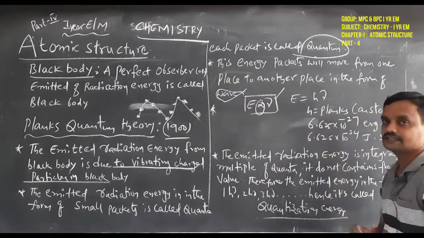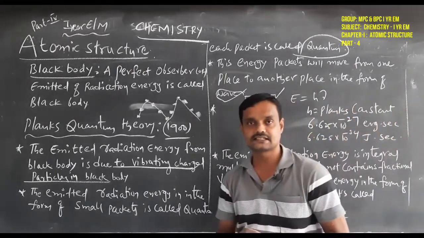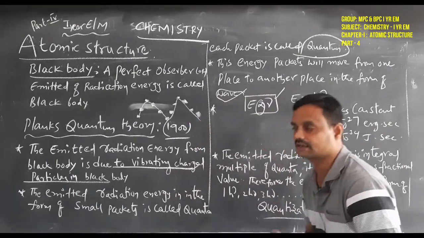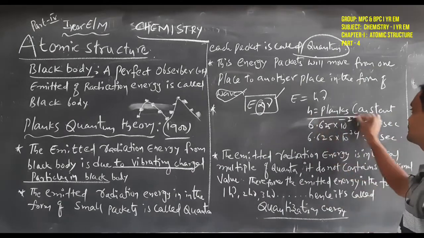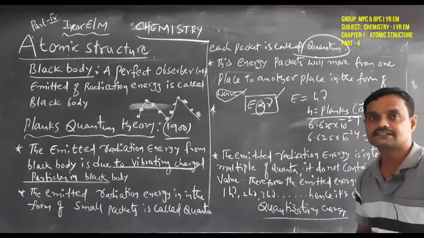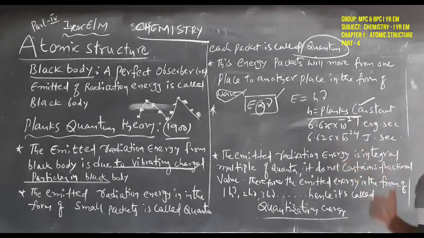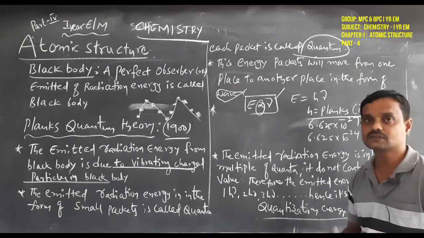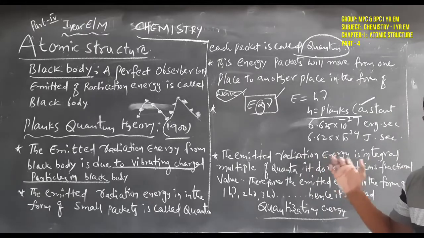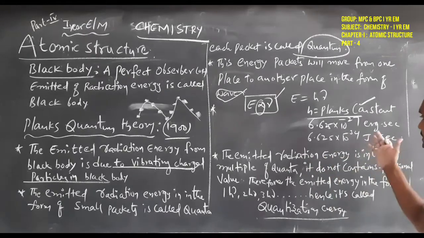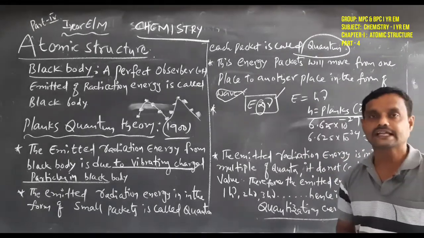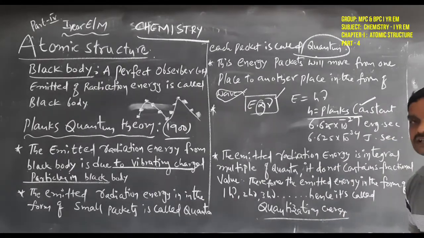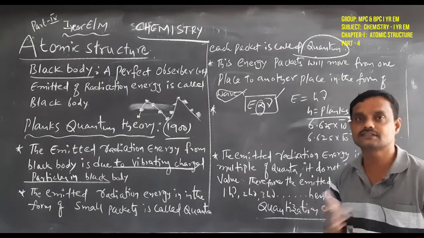Here the constant is indicated with h, where h is called Planck's constant. Its value is 6.625 into 10 power minus 27 erg second, or 6.625 into 10 power minus 34 joule second. So these are the Planck's constant values in ergs and joules.